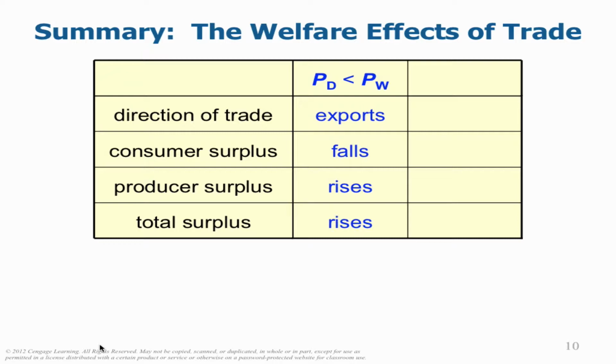When the price of the domestic is greater than the price of the world, then we should import. If we can get it cheaper in the world, we should import. Consumer surplus rises, producer surplus falls, but total surplus rises. So no matter what, whether your price is higher or lower than the world, if you do the right thing with it, you increase your total surplus, thus trade.